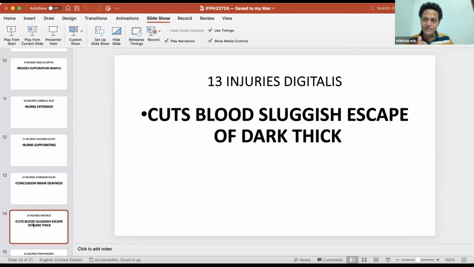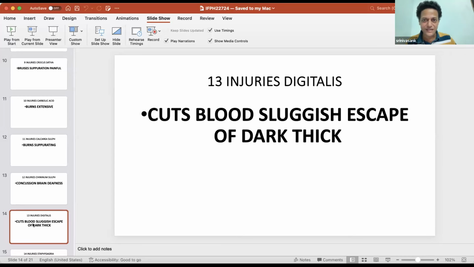Dark, thick and coming out slowly. So cut injury, blood sluggishly escaping, and it is dark and thick. So many qualitative attributes. And the rubric is there exactly in the repertory.